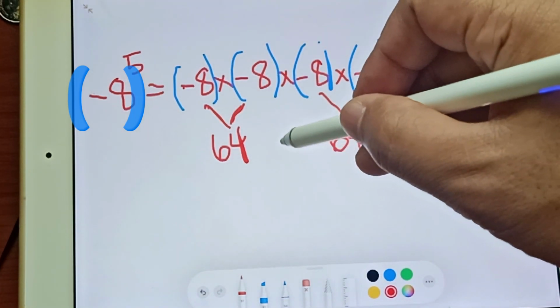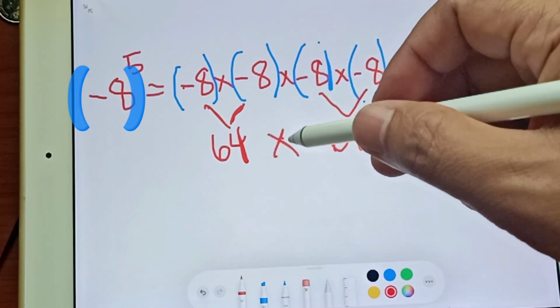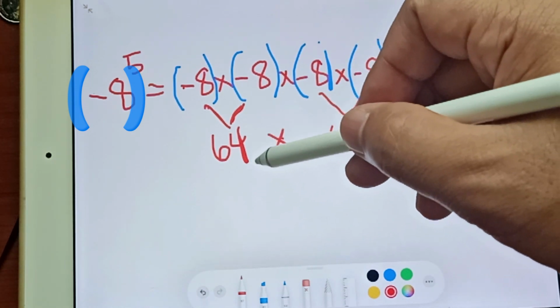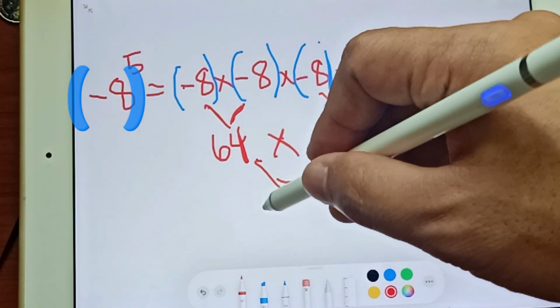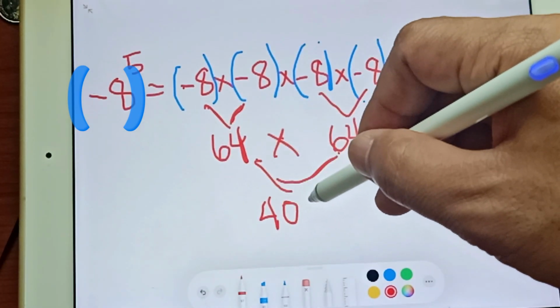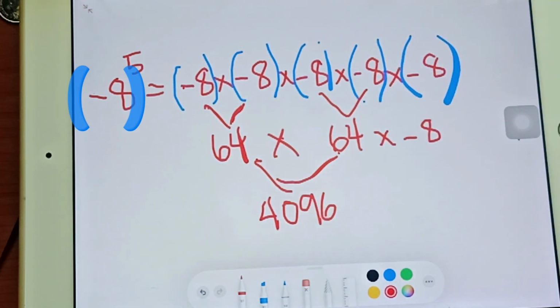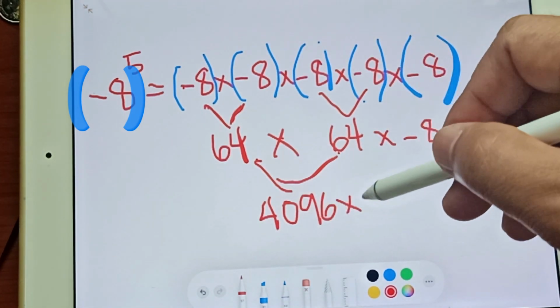And then when you multiply 64 times 64, the answer is 4096, and then multiply by negative 8.